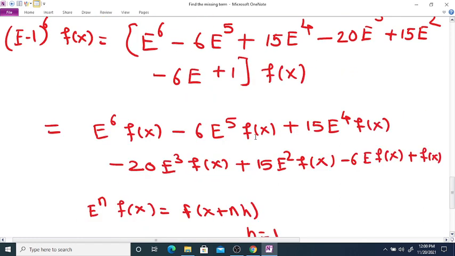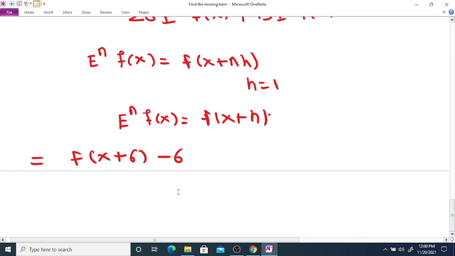What is E raised to 5 f of x? It is equal to f of x plus 5.